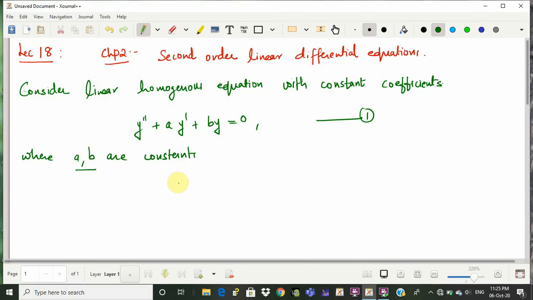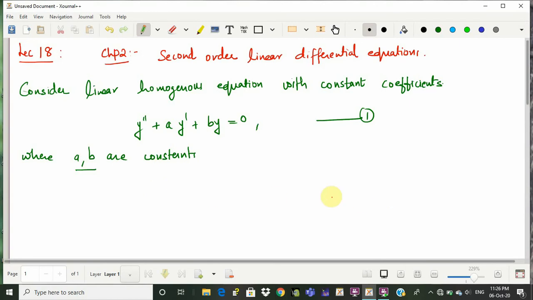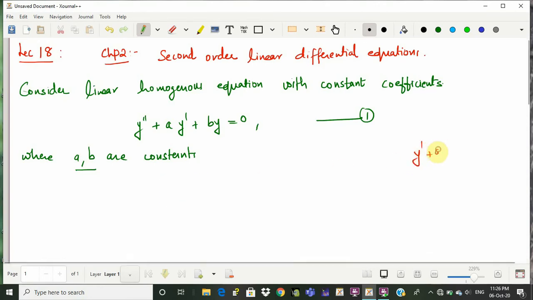So now we develop the method to solve this kind of differential equation. So basically we first guess the solution for this. Since this is a homogeneous differential equation, we can guess the solution very easily. In fact, we have seen a method to obtain the solution of the analogous homogeneous linear equation of order 1, that is of the form y dash plus a y equal to 0.